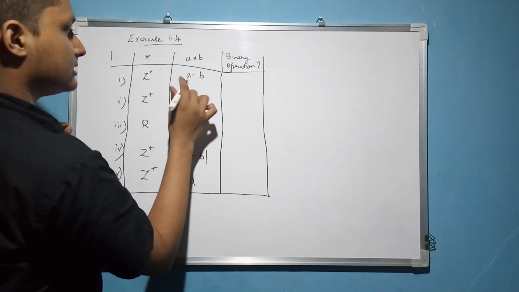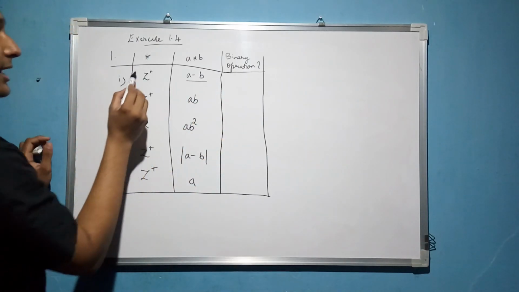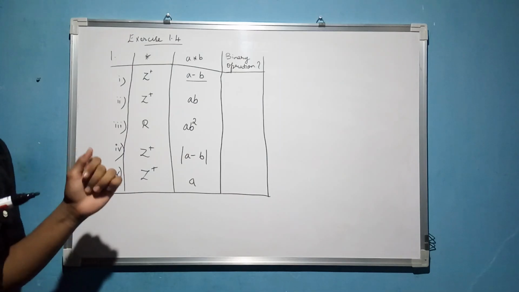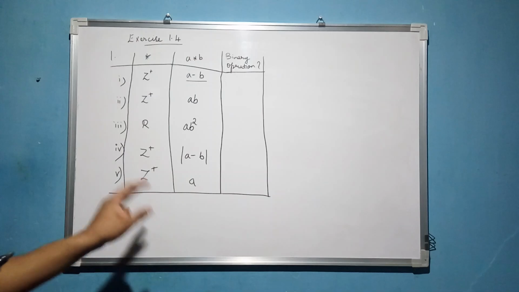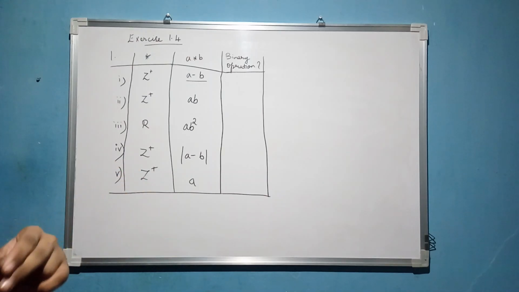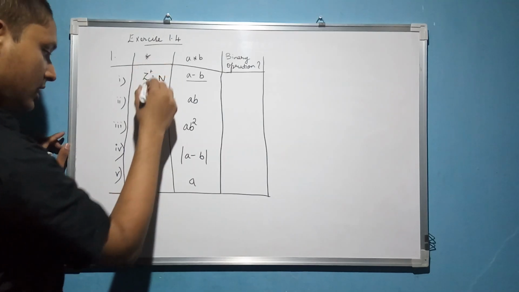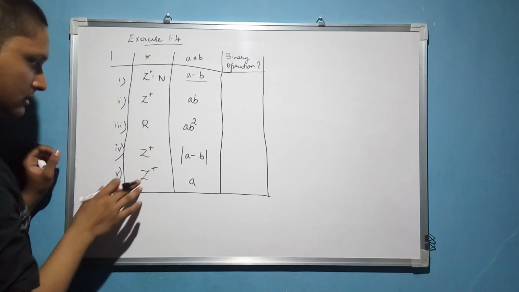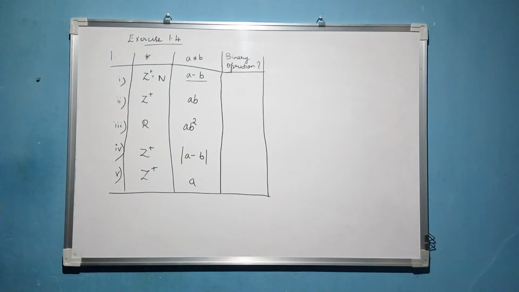First, this is subtraction, right? You have Z plus. What is Z plus? All the positive integers, excluding 0: 1, 2, 3, 4. That comes to be the natural numbers, right? So Z plus is equal to the set of natural numbers.